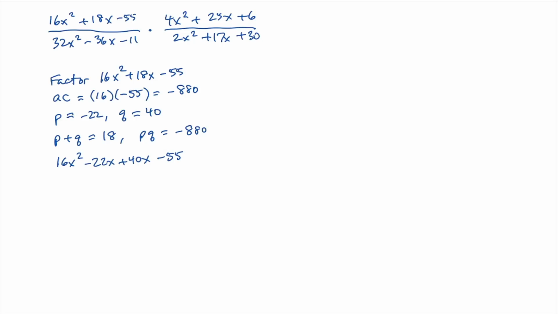We find the greatest common factor of 16x squared minus 22x. That is going to be 2x. The greatest common factor of 40x minus 55 is going to be 5.